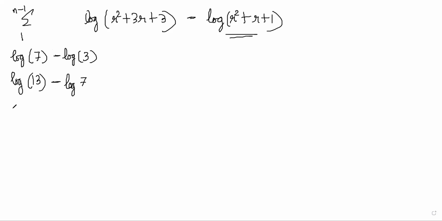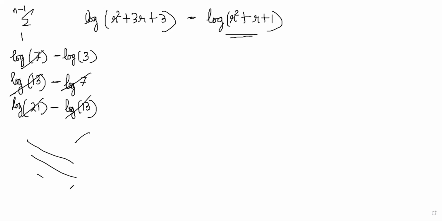Put 3, you'll get 9 plus 9 plus 3, so 21, and here it becomes log of 9 plus 3 plus 1, log 13, see. So notice that you are getting cancellations again, right? This is canceling this, this is canceling this, right? So there are cancellations like this that are happening.